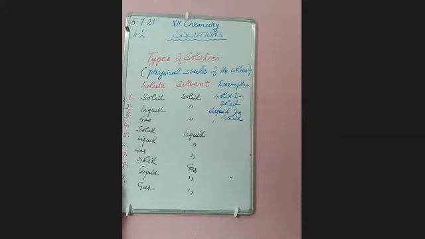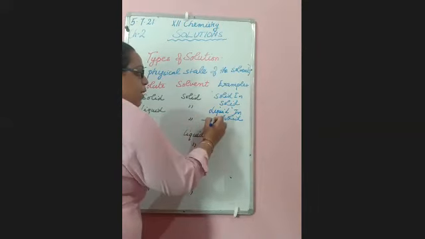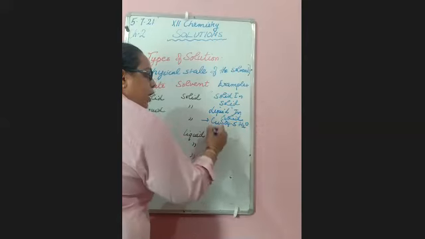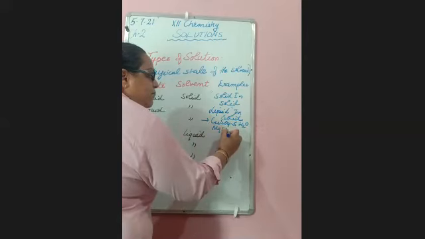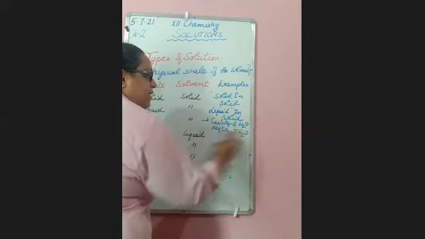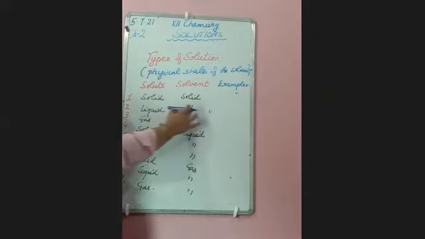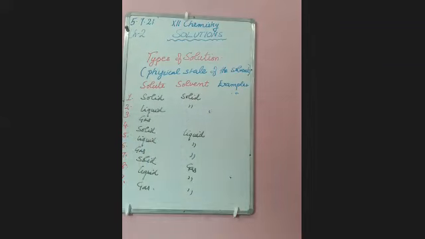But you know about the hydrated salts in which some water of crystallization is present. It is either copper sulfate pentahydrate or magnesium sulfate heptahydrate. It is an example of liquid in solid solution.